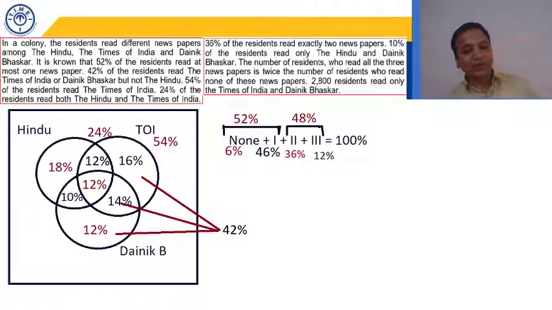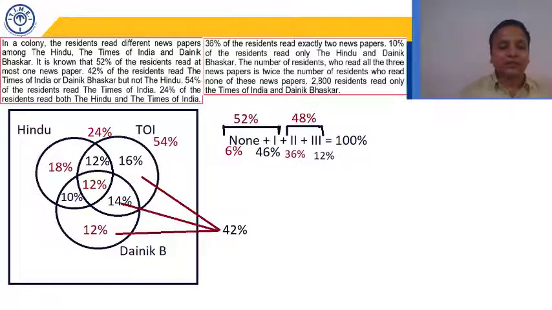So if you subtract 28 from 46, you are left with 18%. Or we can do 46% minus 16%, which is 30%. 30% minus 12%, only Dainik Bhaskar, is 18%. That's only Hindu. And none is 6%, so that comes out to be the outside region, which is 6%.